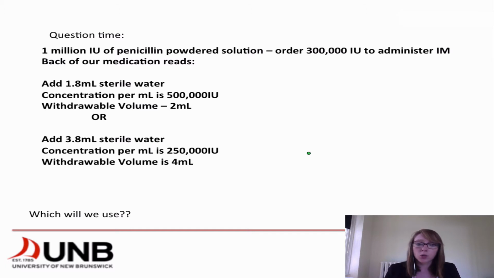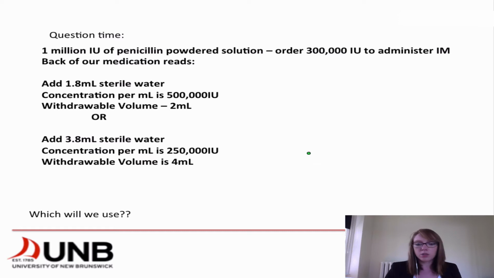If we do that, our withdrawable volume, the amount within the vial, is 2 mils. Our other option is to add 3.8 mils of sterile water. We'll have a concentration of 250,000 international units per mil, and our withdrawable volume will be 4 mils. So which one are we going to use?